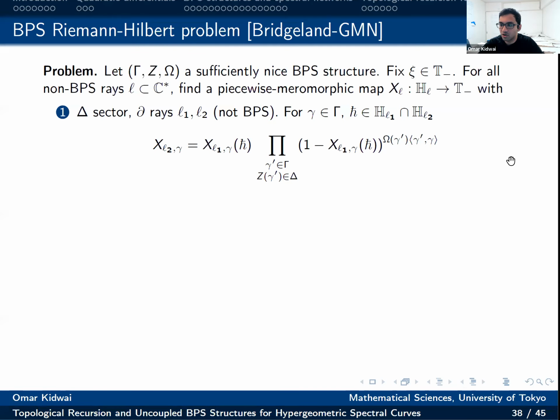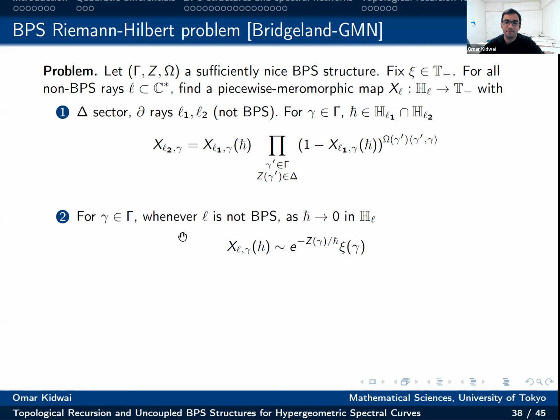I want to take the product over all those rays, taking x associated to the γ's of those particular BPS states, and raise them to the power of Ω times the pairing. The main point is that this jumping factor is a product over all of the BPS states that appear in between as you cross from one ray to the next.